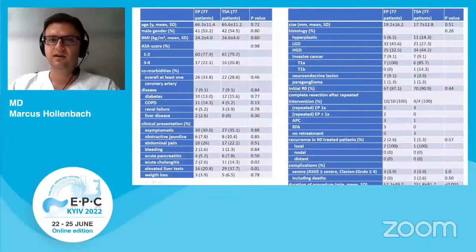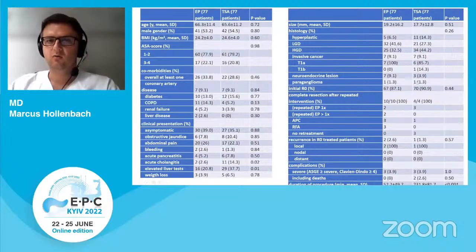The main types were low-grade and high-grade dysplasia, but we also had some early invasive cancers and some hyperplastic lesions. This may be a result of a biopsy error between the initial biopsy and the final resected specimen.